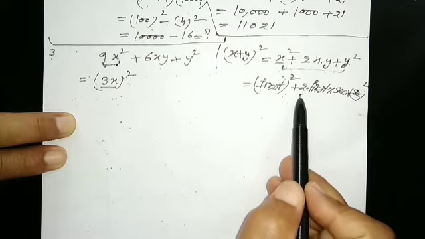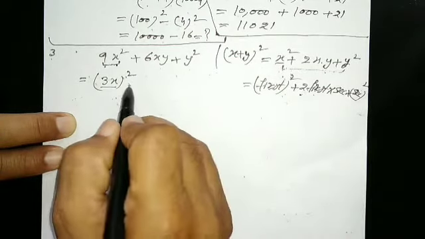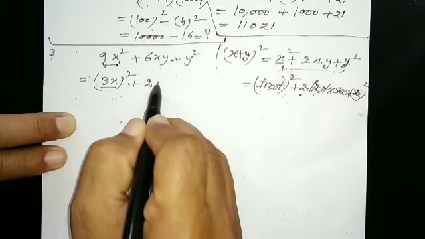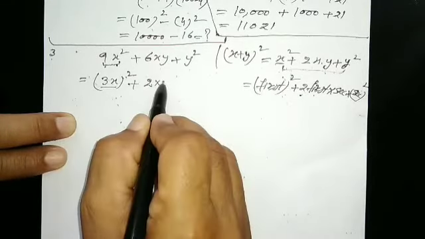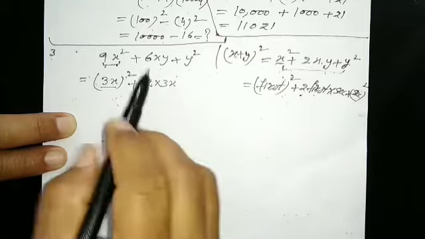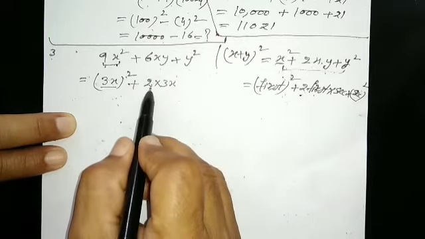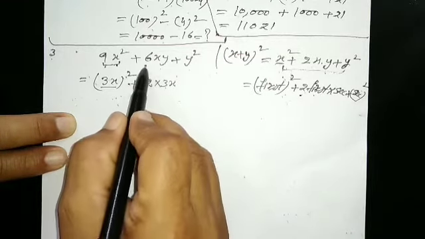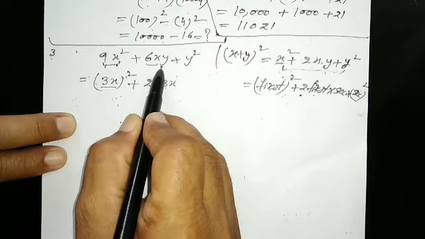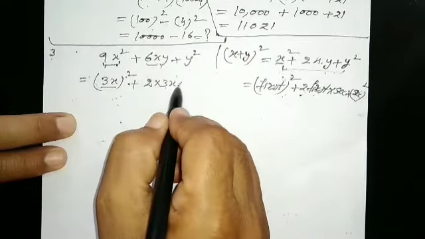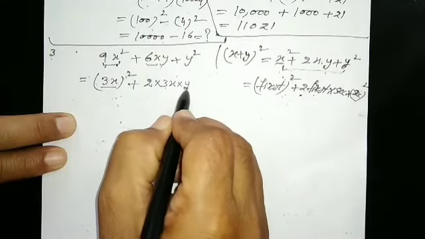The second one is 2 into first. What is first? That is 3x. Now what do we get here? 6x. 6x complete. The remaining part is just y. Write here as y, right?